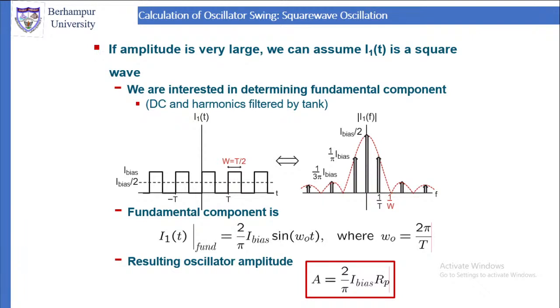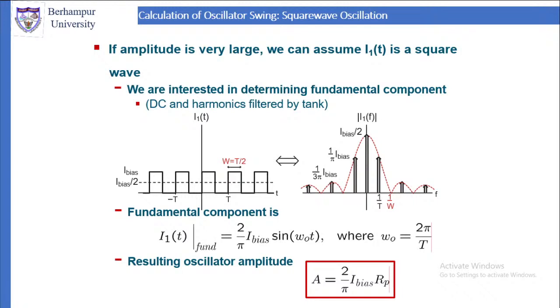So you can take it as a square wave. If you assume I1 to be a square wave, then our interest is in determining what is the fundamental component in the square wave. As you know, from Fourier series analysis, a square wave is a combination of many sinusoidal waves.